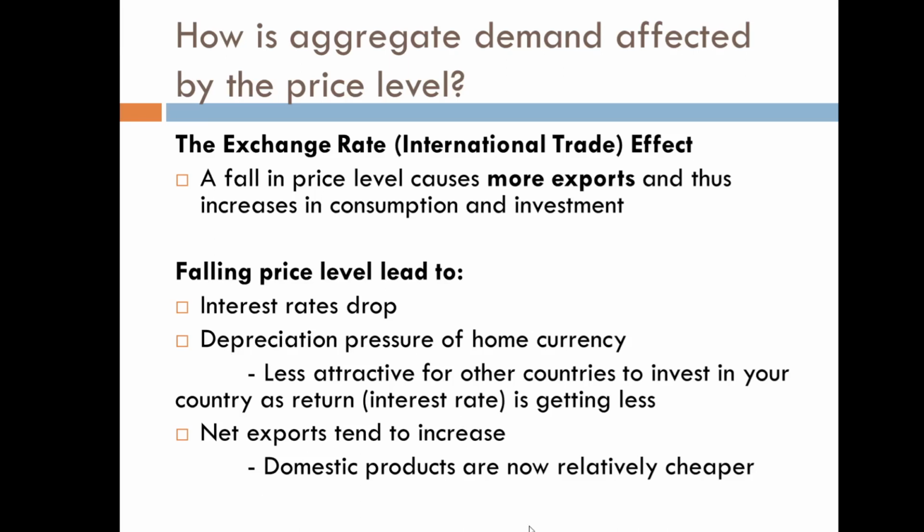So if that's the case, one of the components of AD is NX, net export. You will see NX is getting better because of the price level, so you will see a downward slope.